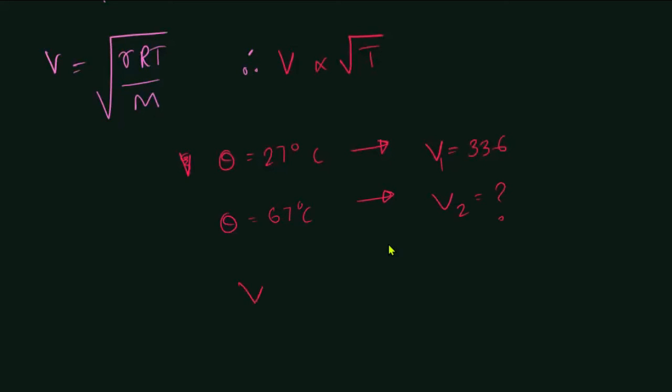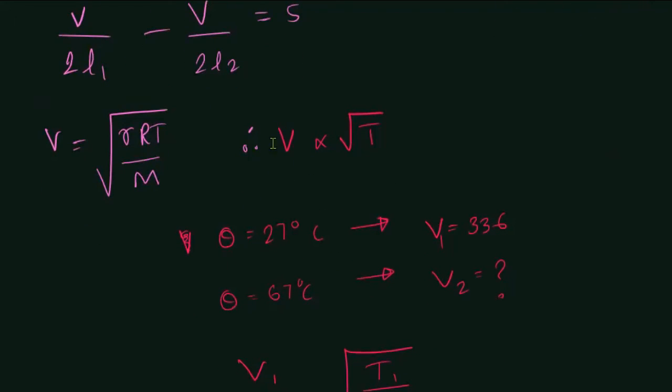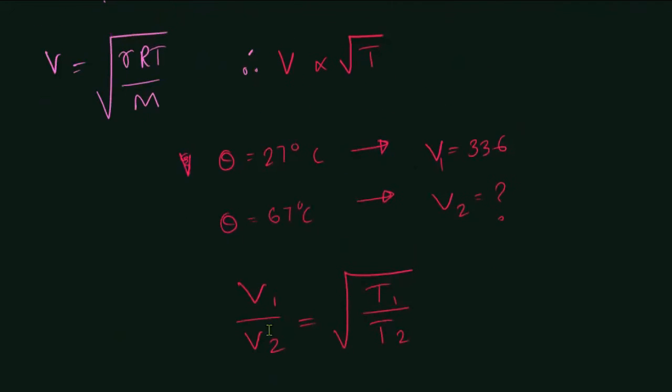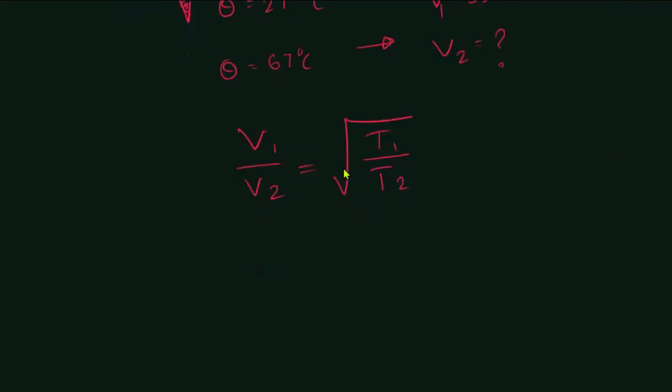We know that v1 over v2 is equal to root of T1 over T2, using this equation. When the velocity is v1, the absolute temperature is 27 degrees Celsius, which means 300 kelvin. When the velocity is v2, the absolute temperature at 67 degrees Celsius is going to be 340. v1 is given as 336, and v2 is what we need to find.